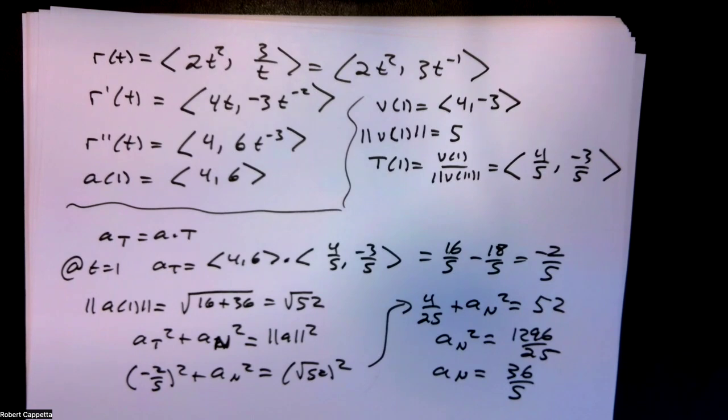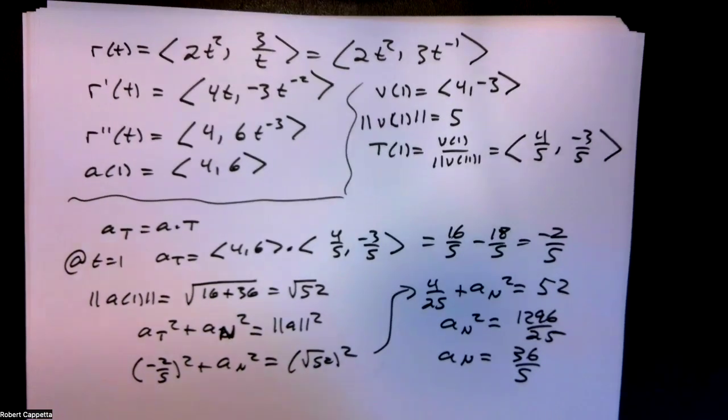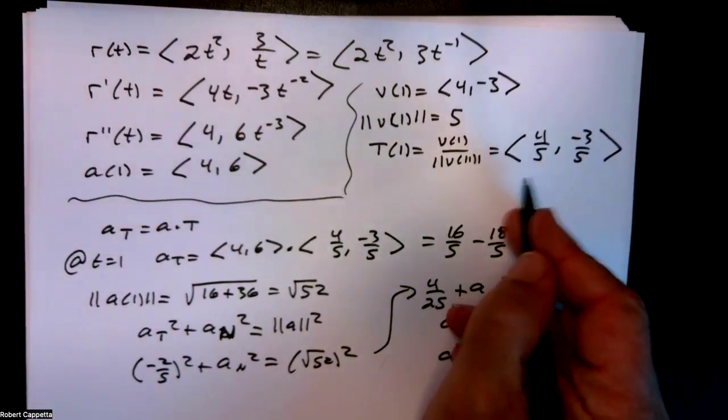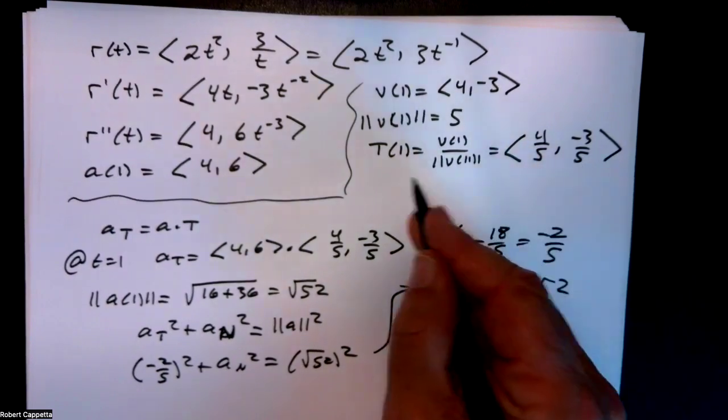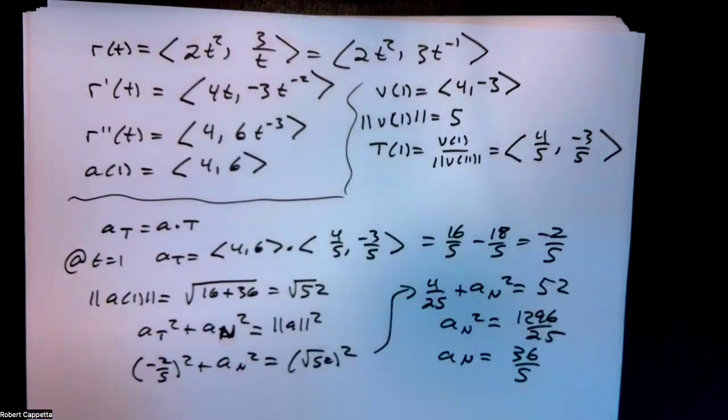And again, we want to use all of this information to find what N of 1 is. That's our goal, and we know we can check it relatively easy. We have our shortcut method for finding N, if you already know T, in terms of switching the order and changing one of the signs, and just make sure that it's pointing in the concave side of that thing. So let's collect all the information that we know now and determine what N of 1 is.